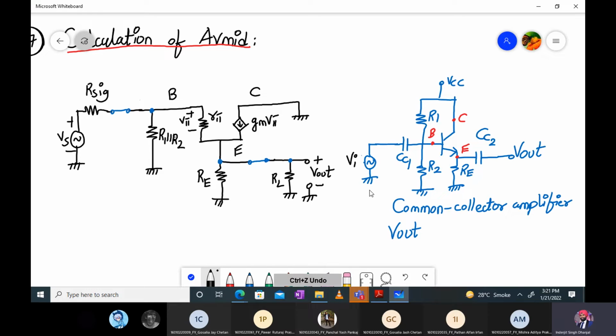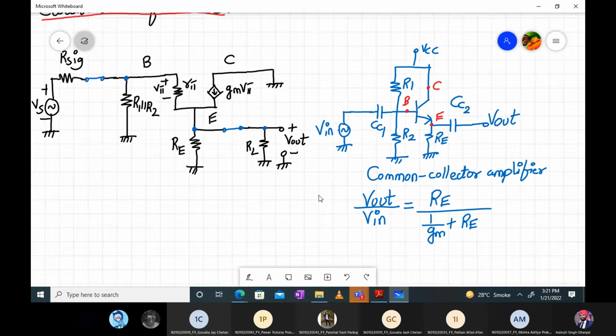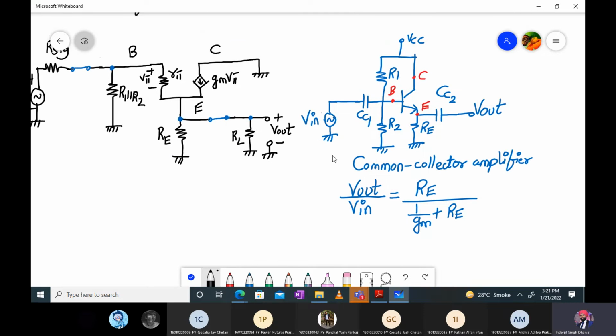V out upon V in is given by the formula, which is very clear: RE divided by (1 upon gm plus RE). That's the well defined formula for a common collector amplifier. If you don't recollect this, you have to remember this formula.